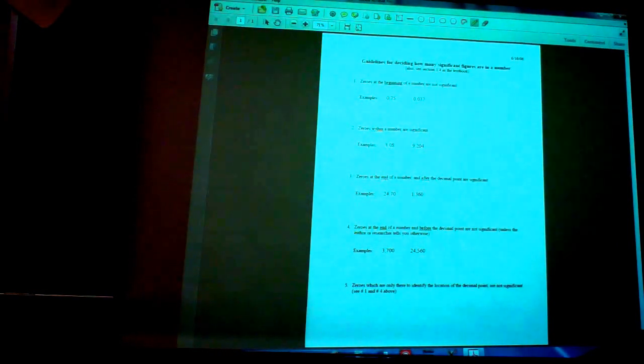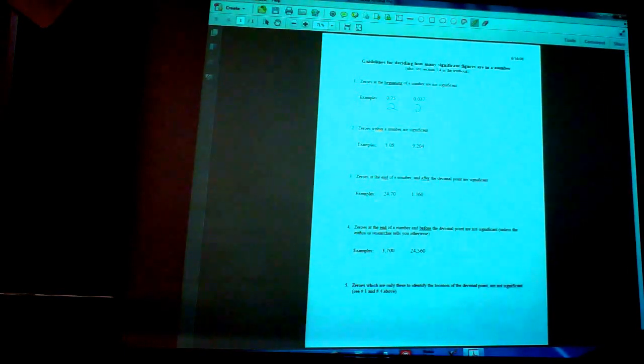The 7 and the 5 are both significant. So I'm just going to jot a little 2 there. All right, and then for the number 0.037, the zeros are not, because zeros at the beginning are not significant, but the 3 and the 7 are. So 0.037 has 2 significant figures.